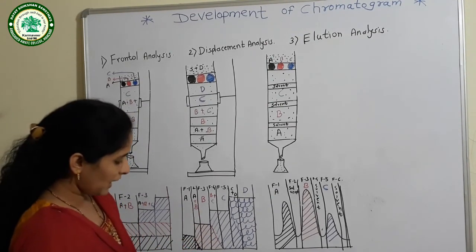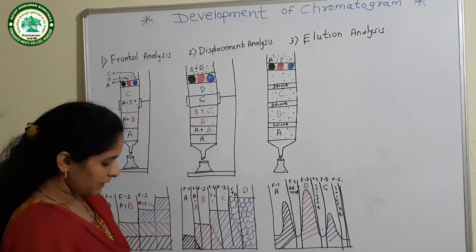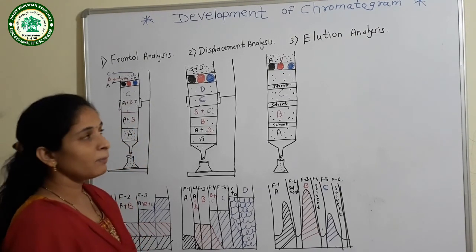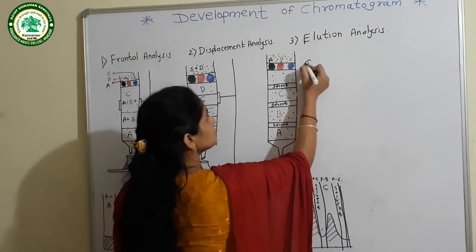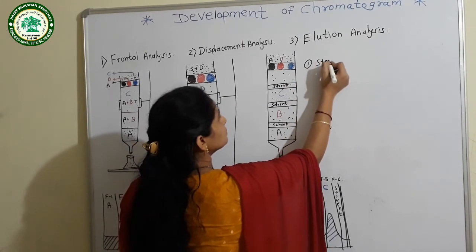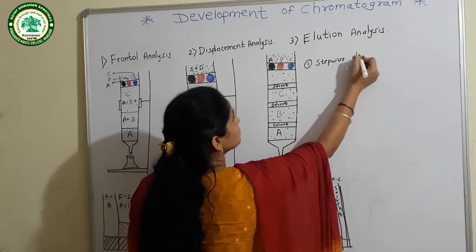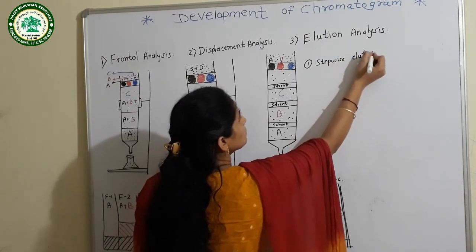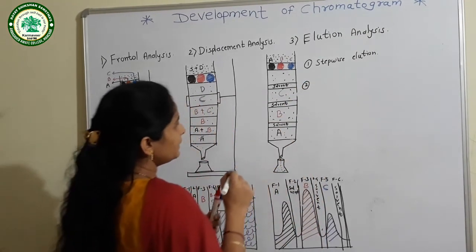Now this elution analysis is modified and it can be developed by using two methods. First is the stepwise elution, and second is the gradient elution.